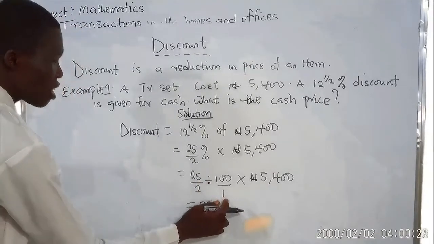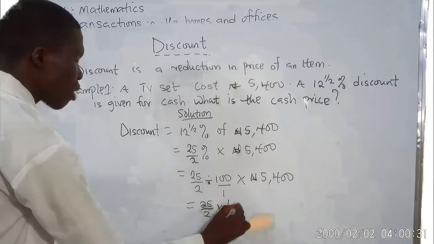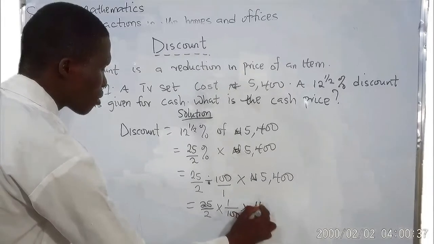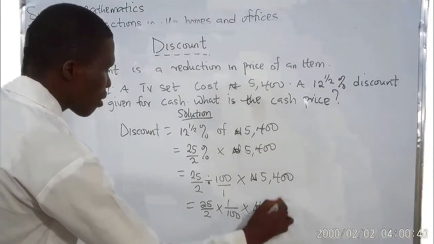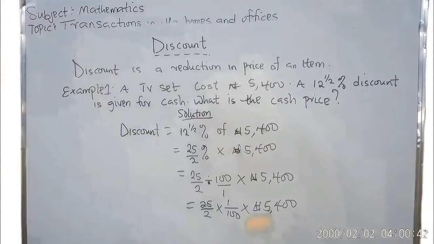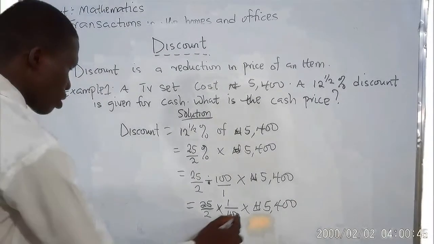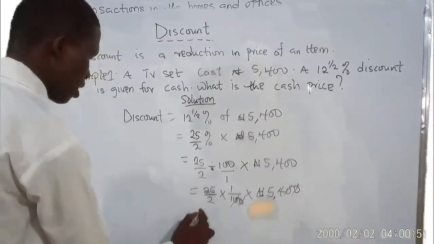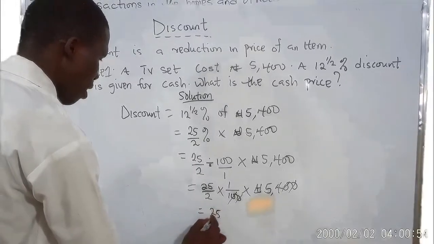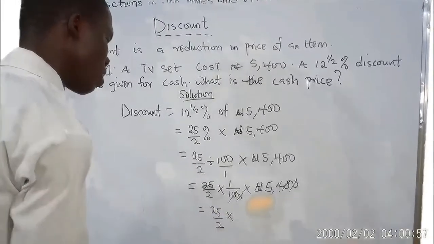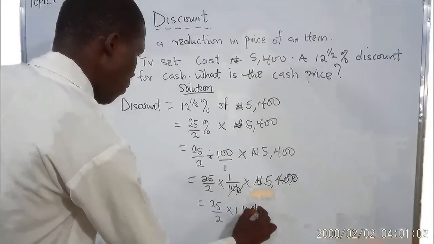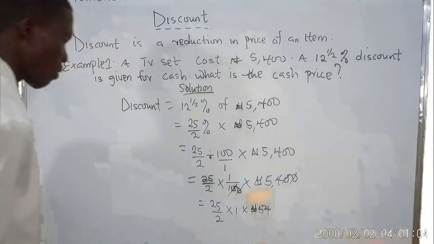What you have as denominator will go up, and what you have as numerator will come down. And that is what we have times 5,400. Now, we want to cancel. We are left with 25 all over 2 times 1 times 54.